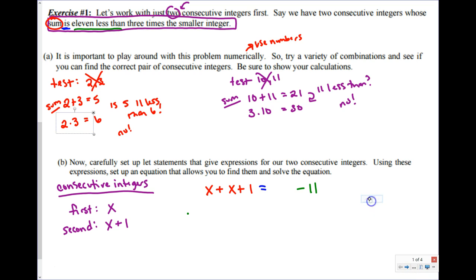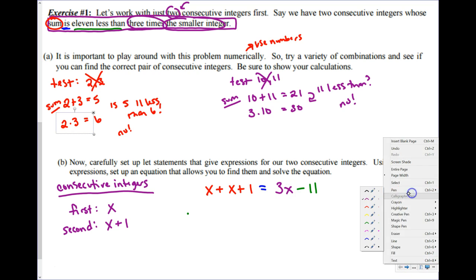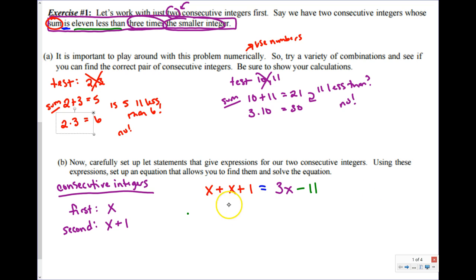So 3 times the smaller integer would be 3 times x, because x is smaller. So I'm translating. Now that I've got an equation, I can simplify it. x plus x is 2x, they're like terms. I'm going to bring down the 1. 3x minus 11, I can't do anything with that. Now I can try and get my x on the left side, so I'm going to subtract x from both sides.